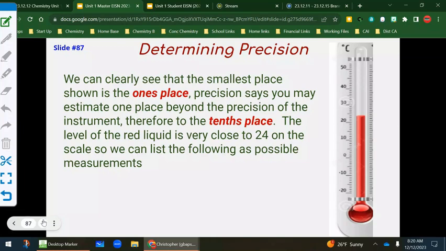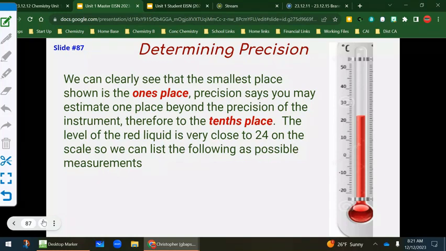That is the number that you are going to report, something to the tenths place. Now, you get to pick what digit you think that is. Is this closer to 24 or 23? If you had to judge, would you say it's closer to the 24 mark or the 23? 24. Okay, so our number needs to be closer to 24 than 23. So 23.1 probably is not going to work here, right?